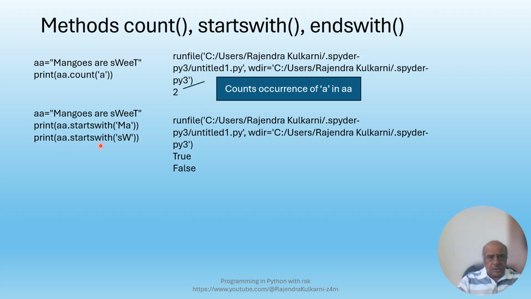If in this statement we are trying to find out whether SW is at the start, no, it is not, because the string starts with ma and not SW, so we get output false.